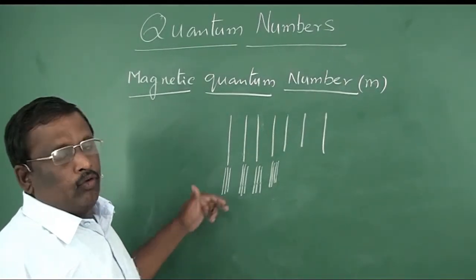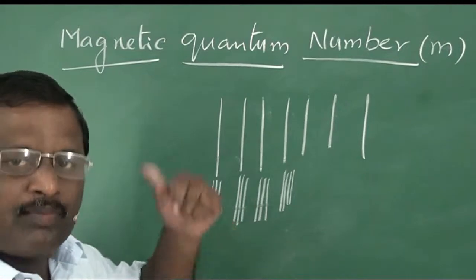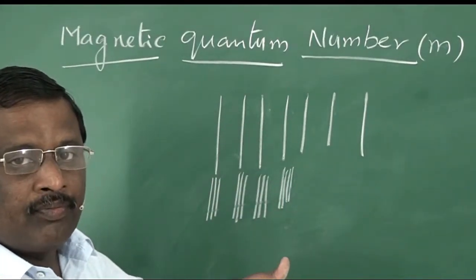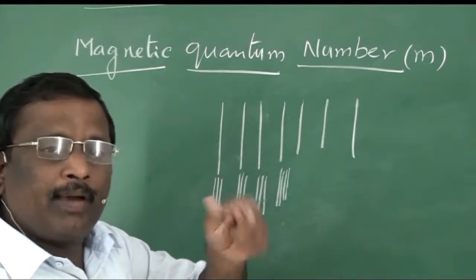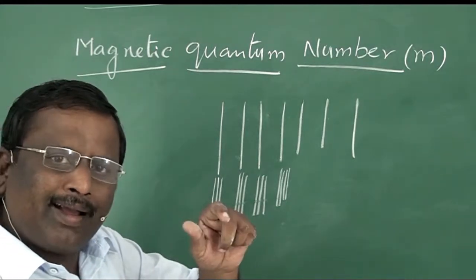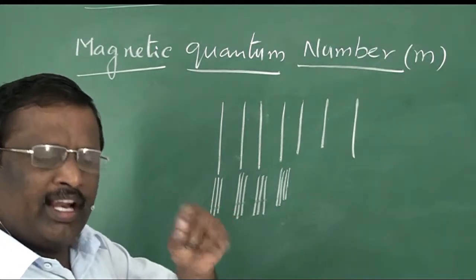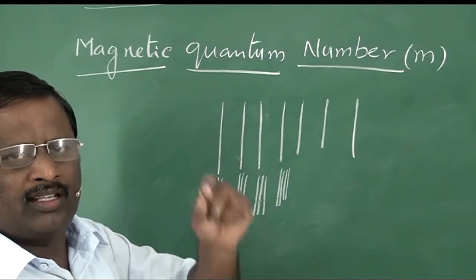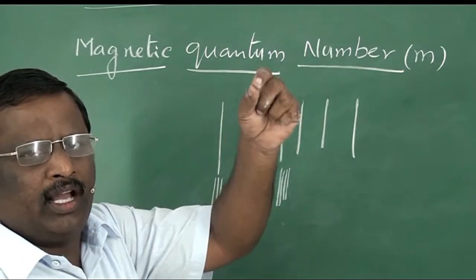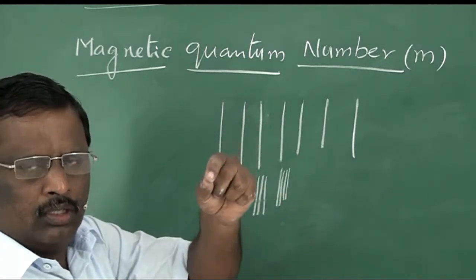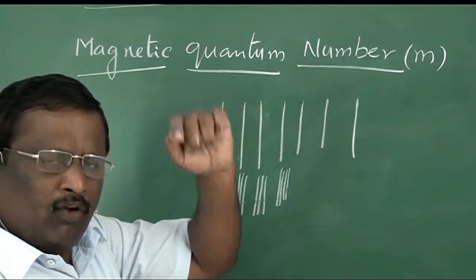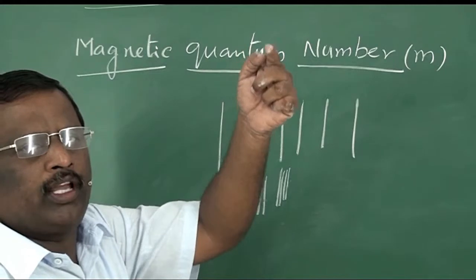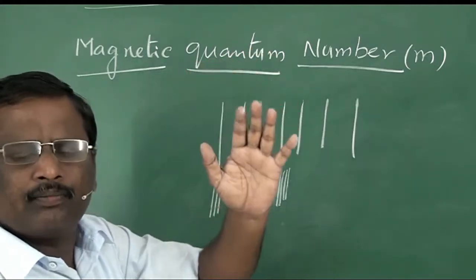But within the main energy level, there are some sub-energy levels. So, from the same main energy level, the electron transition may occur between sub-energy levels. That means the electron may jump from 2s to 2p or 2p to 2s, or 3s to 3p, 3p to 3d, or 3d to 3s, or 4s to 4p, 4p to 4d, or 4d to 4s, like that.